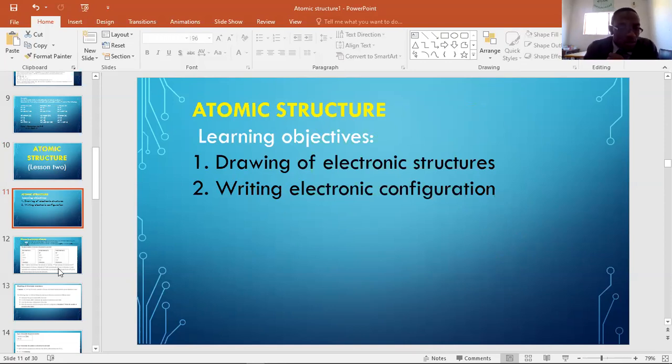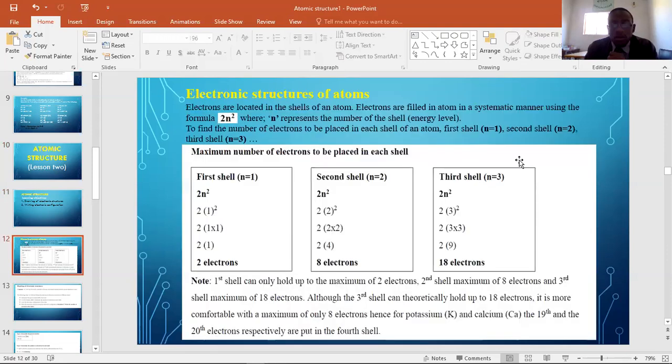So straight we go into the details. So what is an electronic structure? I'm sure you have seen somewhere in the books. Let me use the whiteboard.